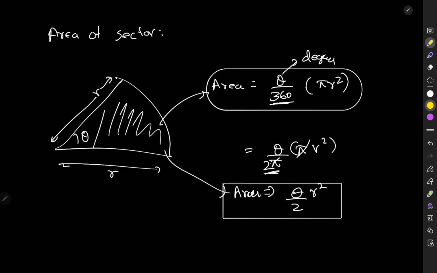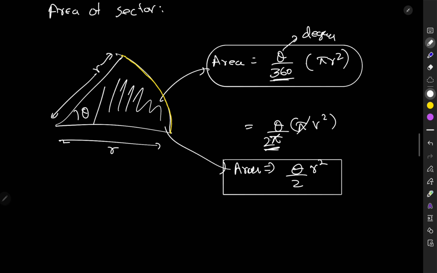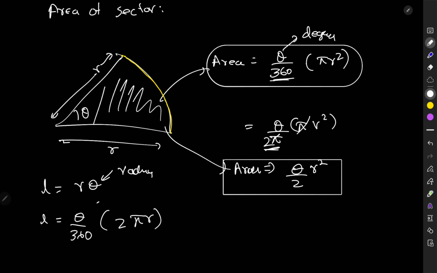So what if we are asked to find the arc length? So the length of the arc is r theta, where theta is in radians, and theta by 360 times 2 pi r when theta is in degrees.